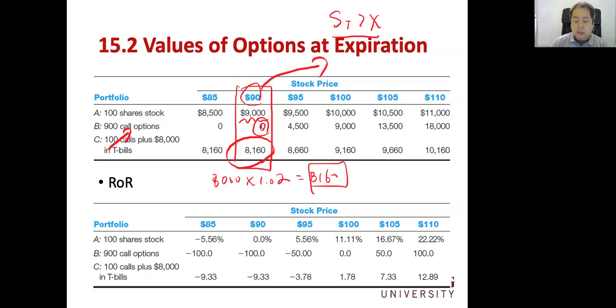Now suppose the stock price increases, so you make money. The values are 9,500 at 95, 10,000 at 100, 10,500 at 105, and 11,000 at 110. It's pretty simple because you hold 100 shares of stock, so price times 100 shares. Now for the options, at 95, you exercise, right? 95 minus 90, which is the stock price at expiration minus the exercise price, is the payoff, $5.